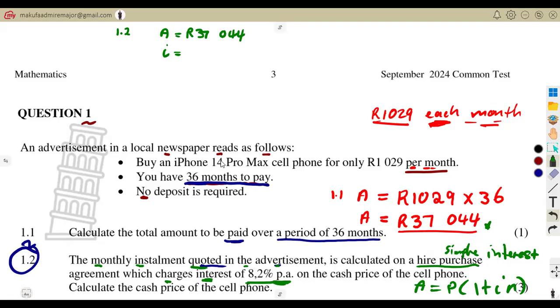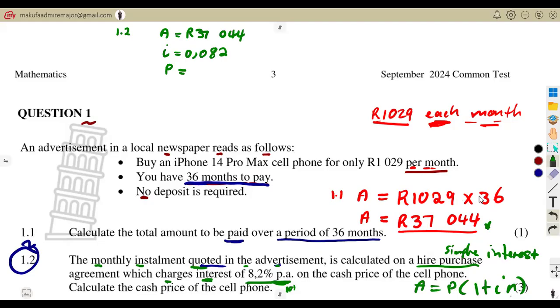Given an interest of 8.2% per annum, meaning yearly, divide this by 100. Remember, we have to divide by 100. It gives you 0.082 as a decimal. Then we've got n, the number of years. The principal is the money that we need to calculate, because they are saying calculate the cash price of the cell phone, since this amount is obtained from a hire purchase.